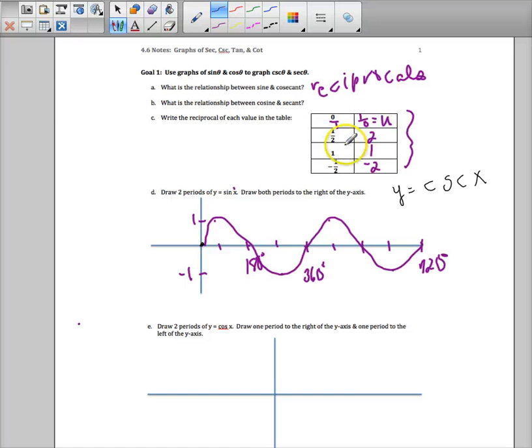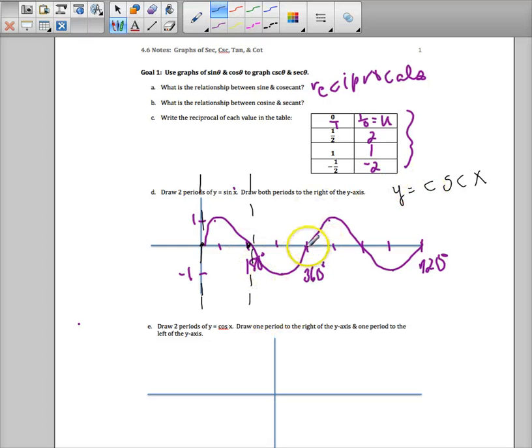To show that a graph is undefined, remember we use a vertical asymptote. The sine of 180 degrees is 0, and the reciprocal of 0 is undefined, so we have another vertical asymptote here. I'm using the given graph of sine to sketch its reciprocal function, cosecant.